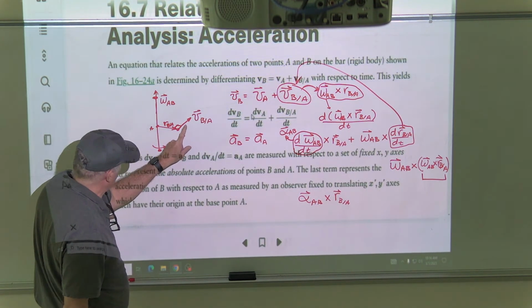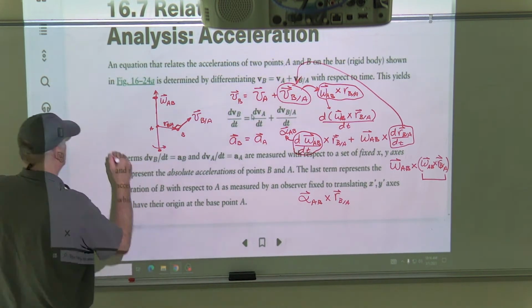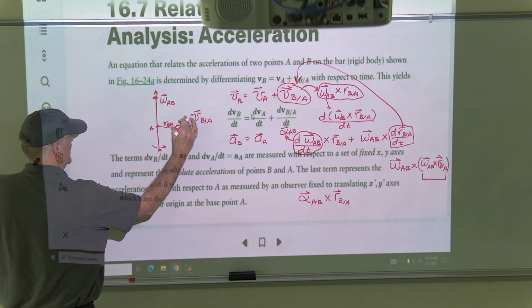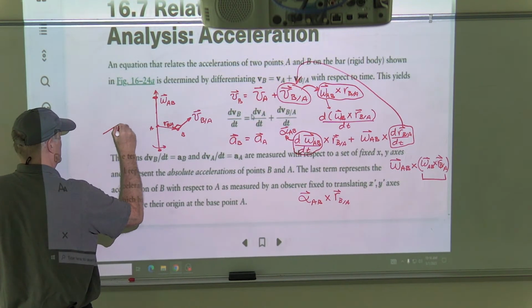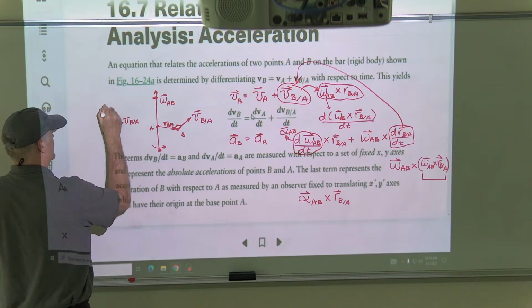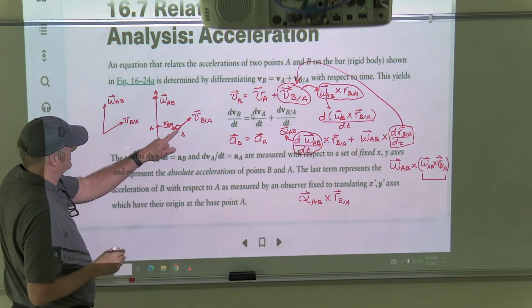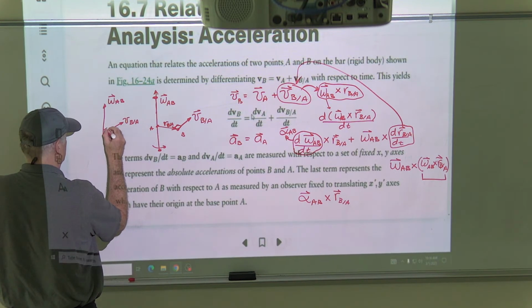Now you take that vector, so I'll redraw it. I'll take this vector and move it over to this point. Here's your velocity VA, and you have this vector, which is omega AB. It turns out that if I move it back there, those vectors are 90 degrees too.